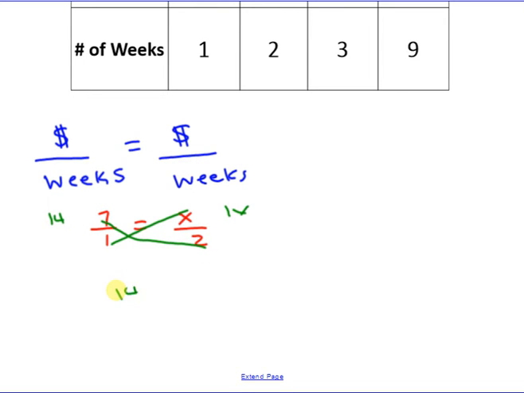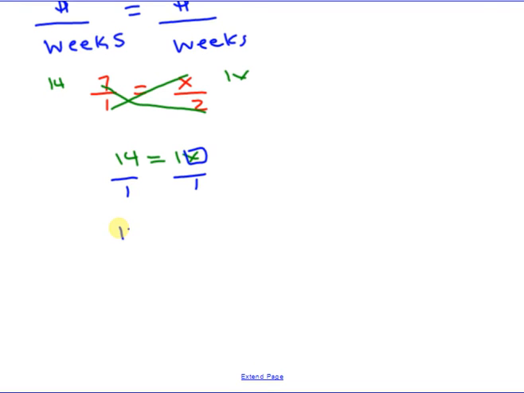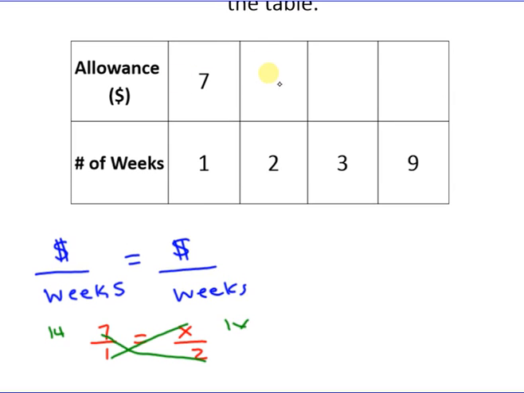So we have 14 equals 1x. Box the variable, divide by 1, divide by 1. 14 equals x, x equals 14. So then we put a 14 in here.